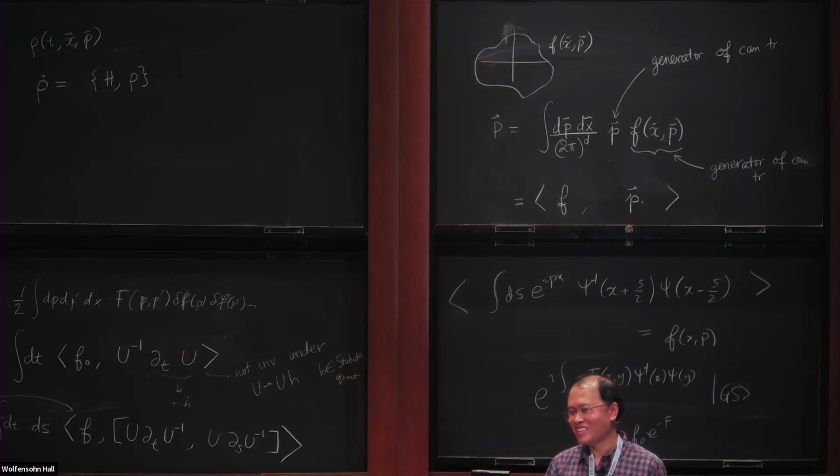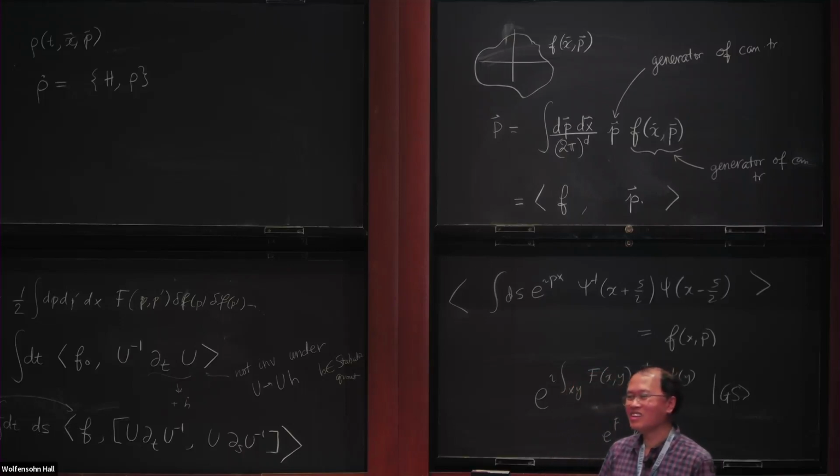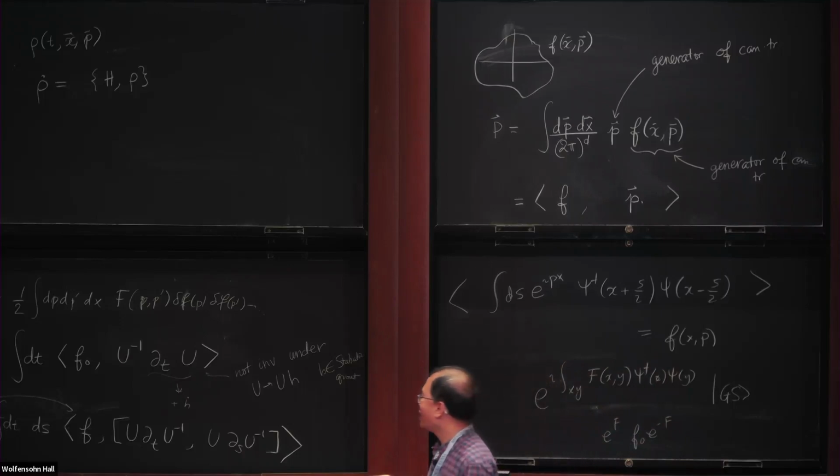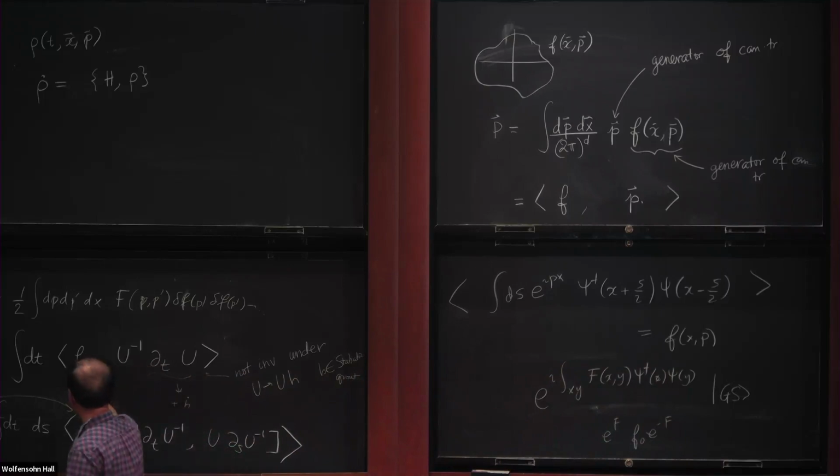Because I'm trying to make a bosonic description of my theory, so I have to work with the bifermion operator psi dagger x psi y. Yeah, the integral over x is all inside here.